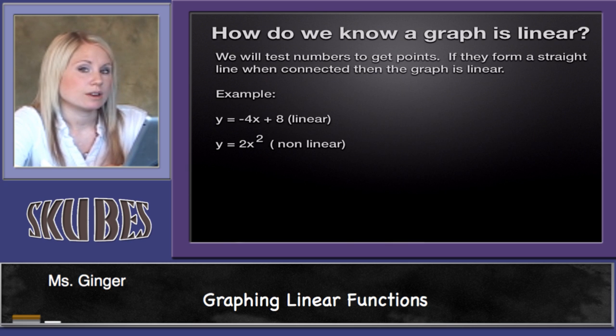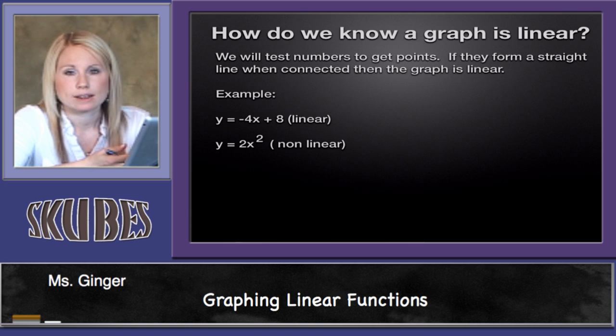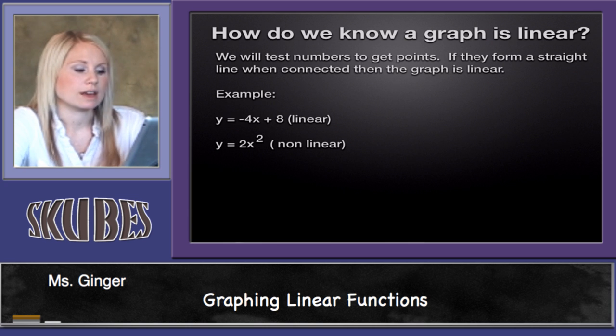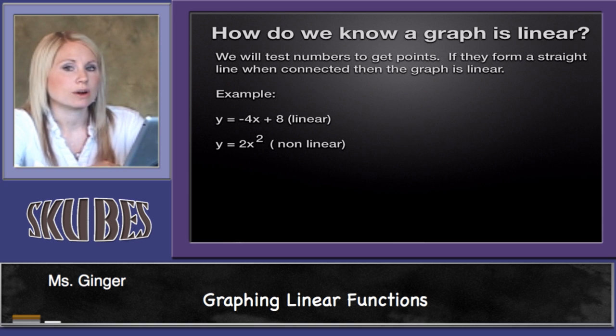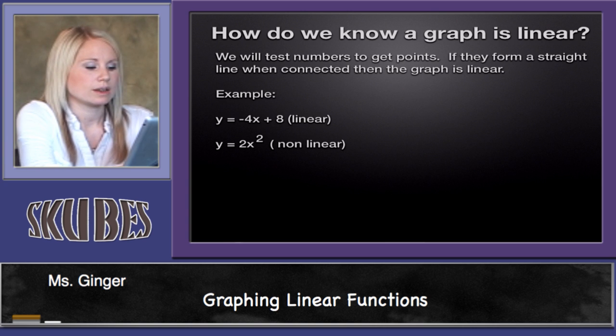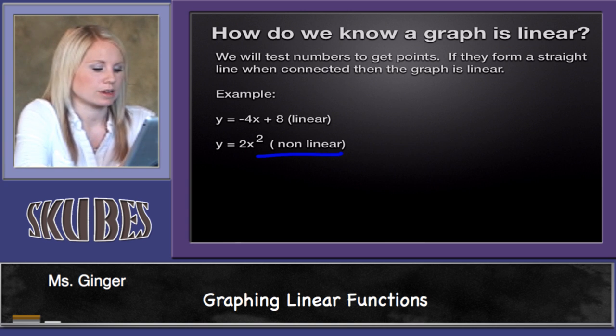So again, how are you going to know if your graph is linear? Well, linear graphs have one x in the function, but if you forget that, you can always test those points, just like I showed you, and see if you come up with a string of points that will form a straight line, and if you don't, you don't have a linear function. One non-linear example over here is this 2x squared.